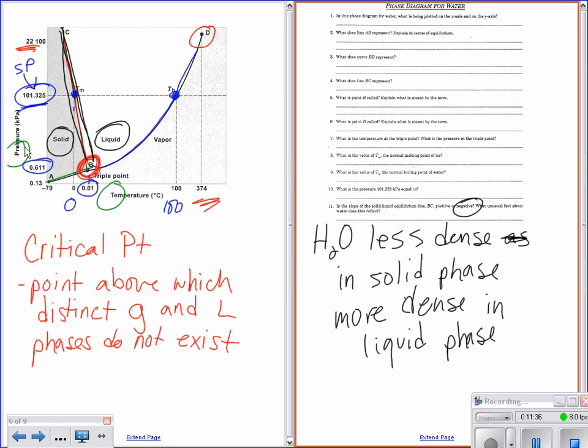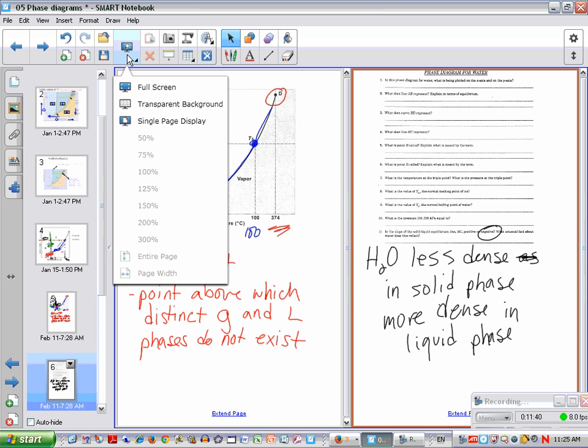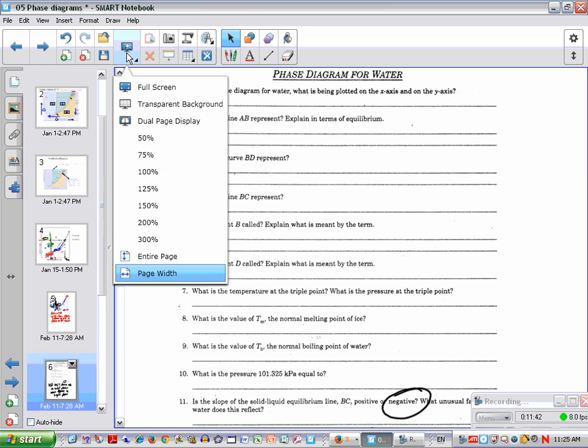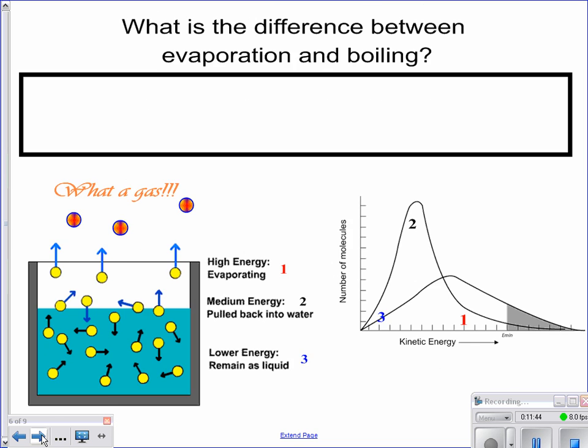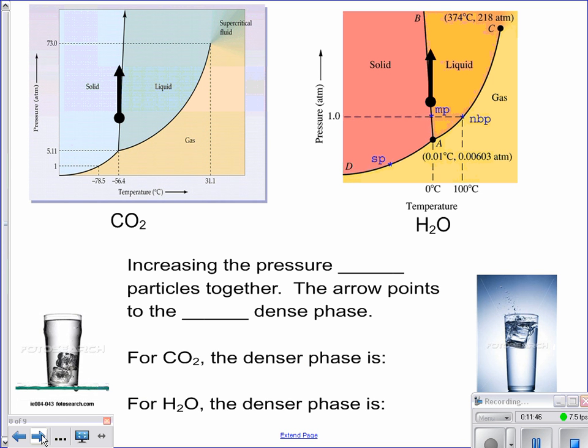And I'm going to jump ahead. Let me see if I can get out of this double screen. Okay, so let me just jump ahead to this right here. We've got carbon dioxide and H2O. So if we look at that interface and think about the slope, this is what most substances look like. I'm going to exaggerate it. There's a positive slope between your solid and liquid.